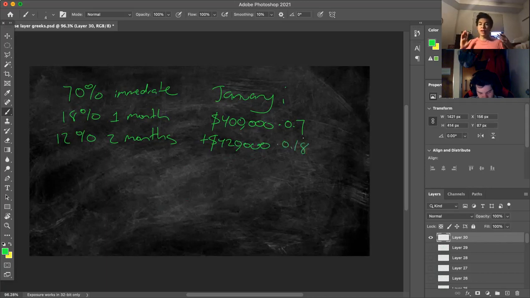You might be asking, where are we getting this 420,000? It says in the question that we made $420,000 in December. And we haven't collected all that revenue yet. Remember, we receive 18% of that revenue a month after, in January. And then we're going to multiply 350,000 times 0.12. That's November times 0.12, because we don't collect the last 12% of the November revenue until 2 months later.